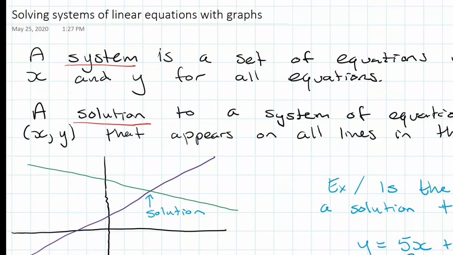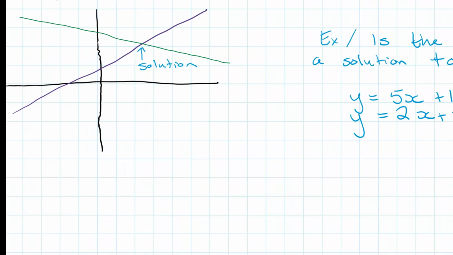And these two equations together are what make up the system. This is the system of equations. So I want to know if the point 6, 46 is a solution. I want to know if that point is on both lines.